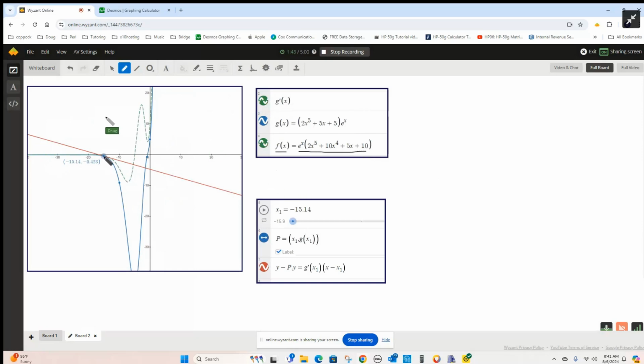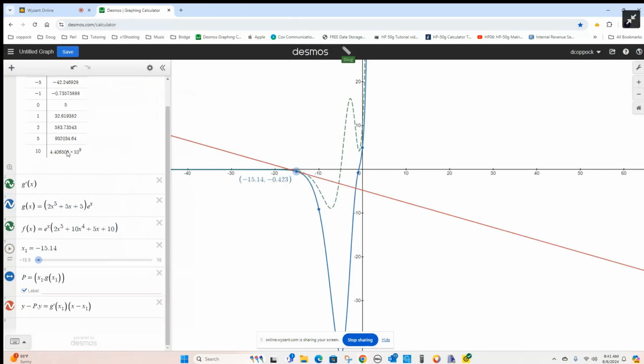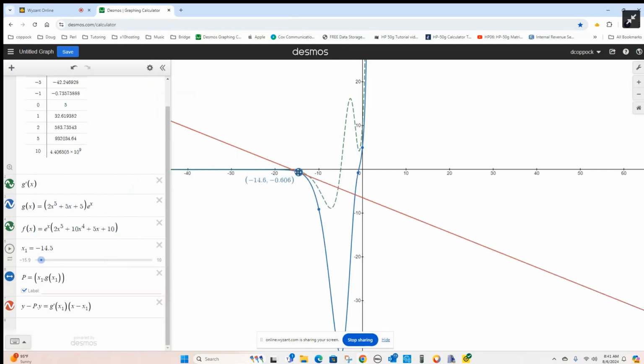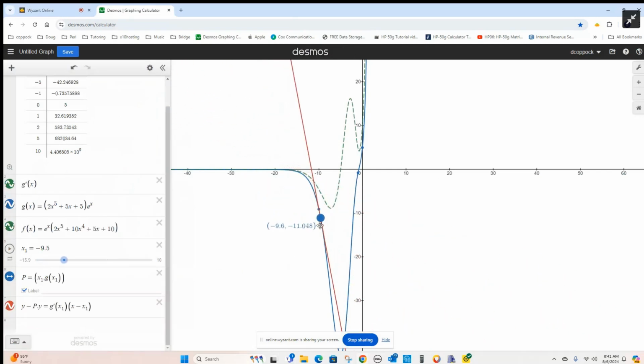And this dot right here, or this point on the graph, has a tangent line to the curve at that point, and this is the equation of the tangent line. If I actually go to Desmos, I can move this point around, and you can see different tangent lines depending on where that point on g is located.